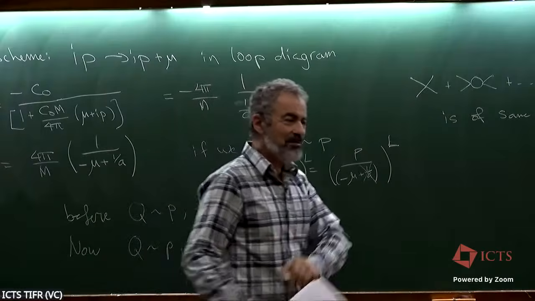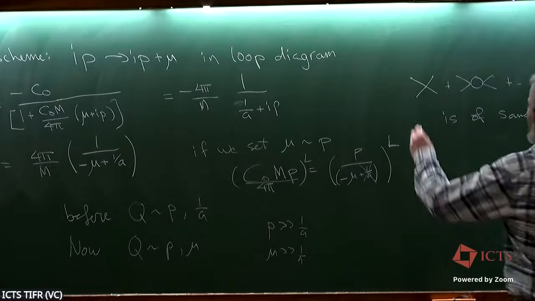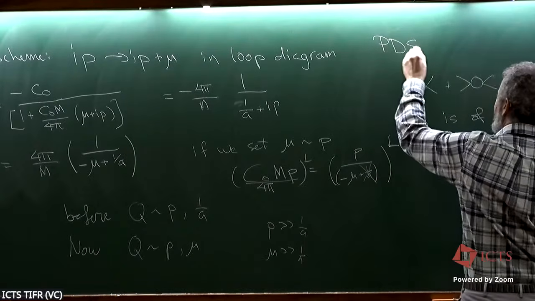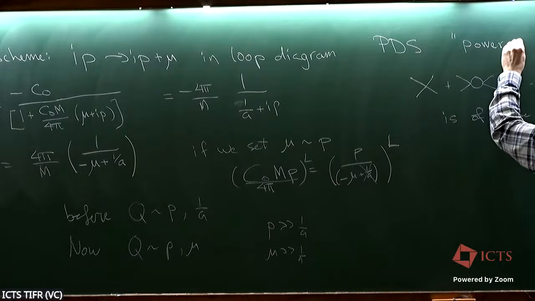So this scheme doesn't change the result that you get from summing diagrams, but it allows you to look at an individual diagram and get a feel for how big it is. So this scheme is called PDS, which is power divergence subtraction scheme.